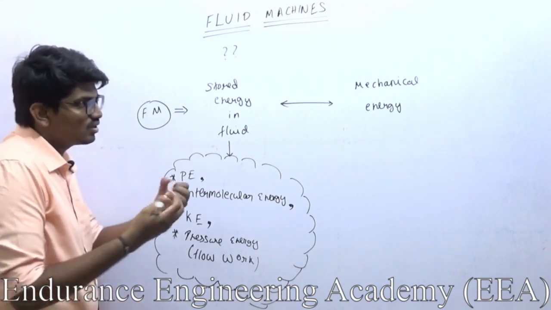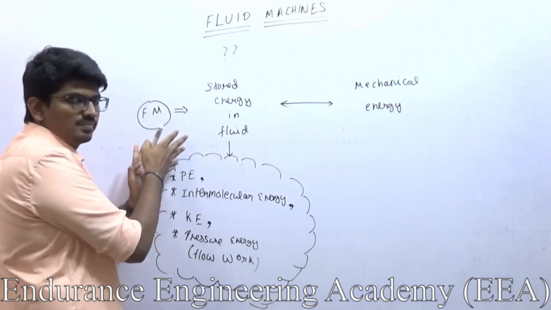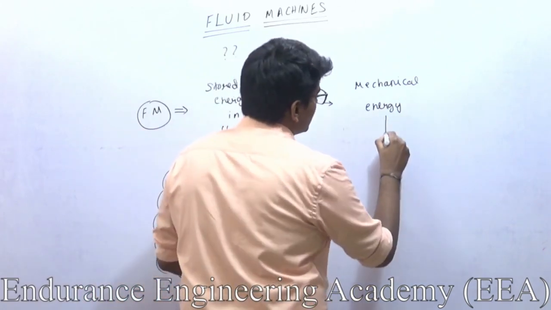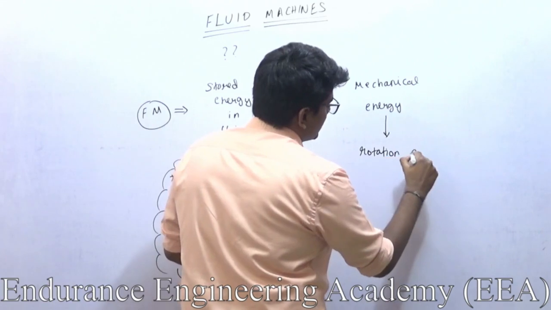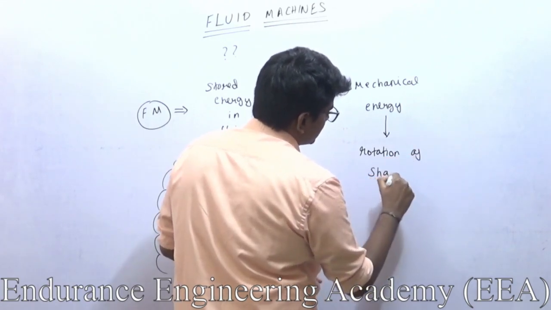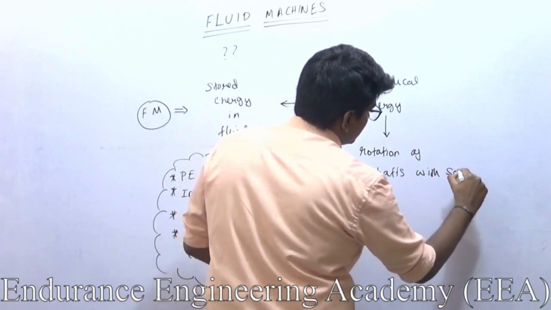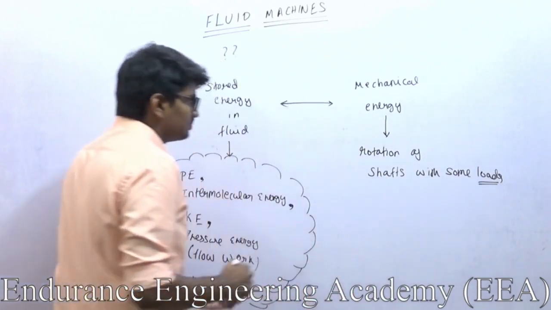And the energy which is stored inside the fluid, if I use some external machine for converting it into mechanical energy, most predominantly rotation of shafts with some load, I will come to that.